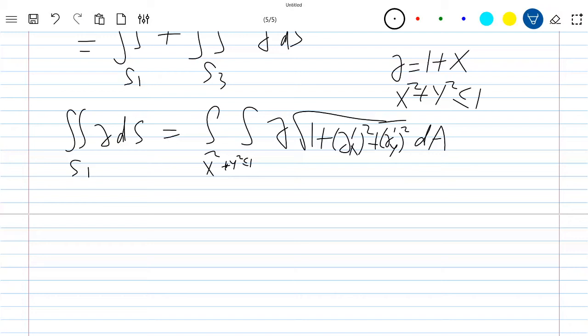And what is that? z_x equals 1, z_y equals 0, so you get square root 2. And what is z? z equals 1 plus x.